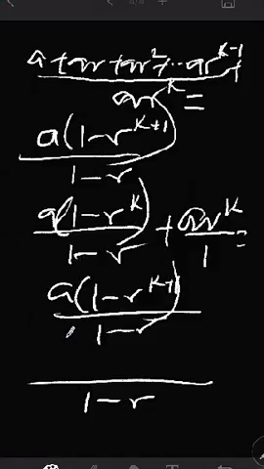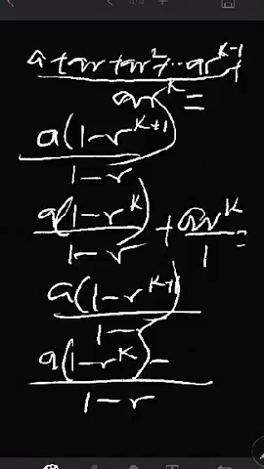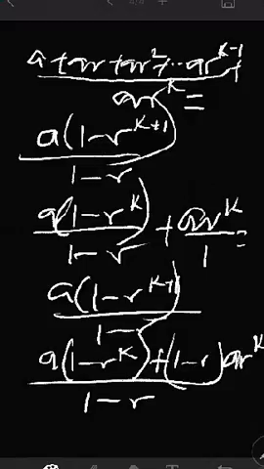So 1 times a, that is a into 1 minus r raised to power k, plus 1 minus r goes in 1 minus r, that is 1 minus r, so multiply it with the numerator here, which is ar raised to power k. So from there we can open the bracket. So let me clean this side.